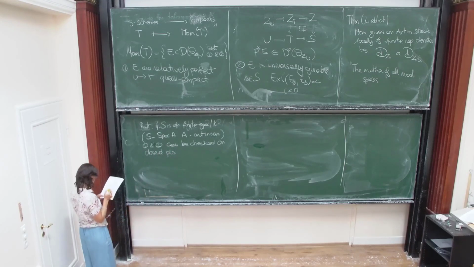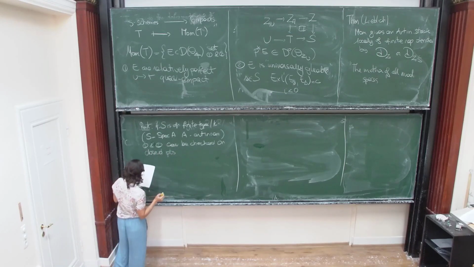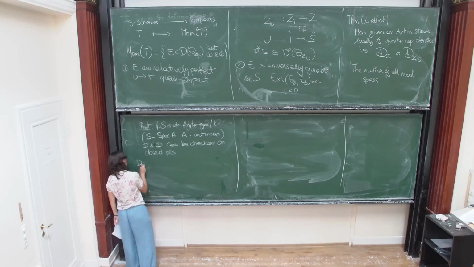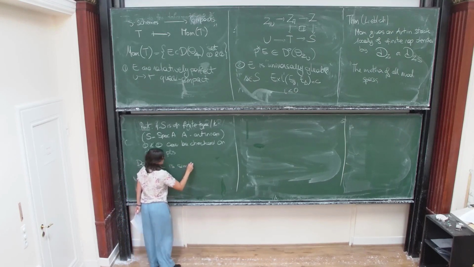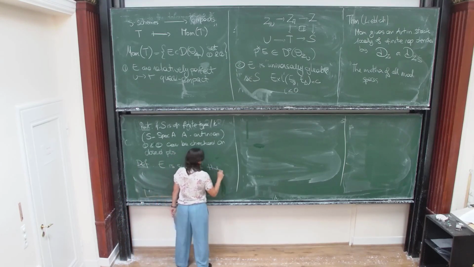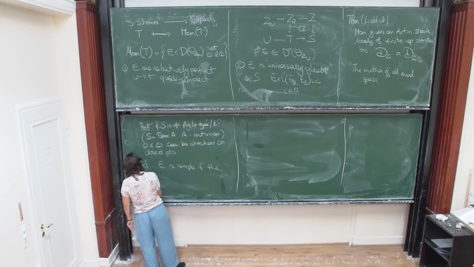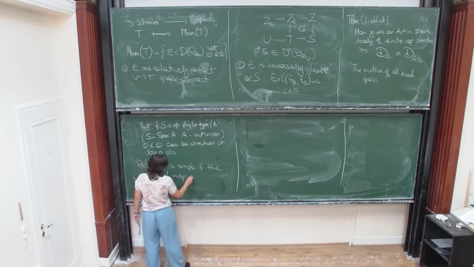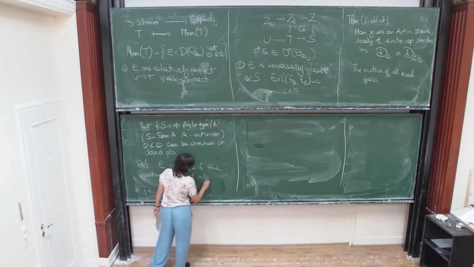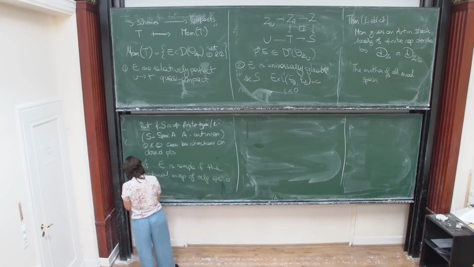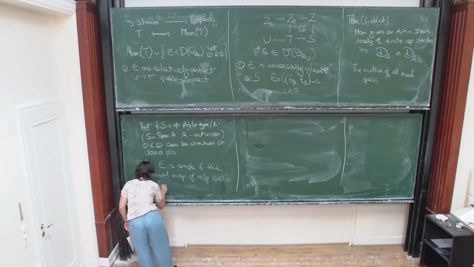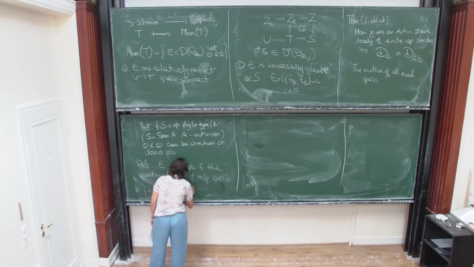Okay, so definition. We say that E is simple if the natural morphism of algebraic spaces from G_m to Aut(E) is an isomorphism.